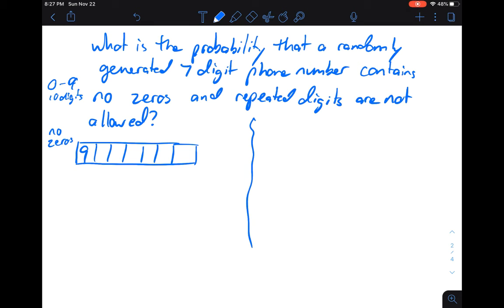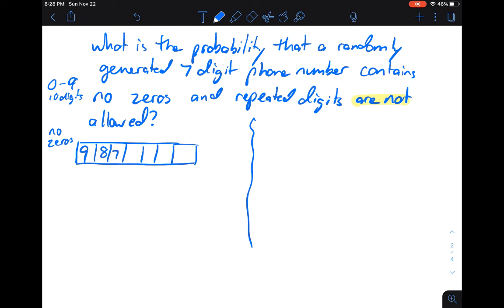Now it does say that repeated digits are not allowed. So whatever I put in the first box, it can't be the same number in the second box, which means I now am allowed to have 8 digits possible here, because I can't use a 0, and I can't use the digit from the first box. Now box number 3, I can't use a 0, and I can't use the digit from box 1 or box 2.